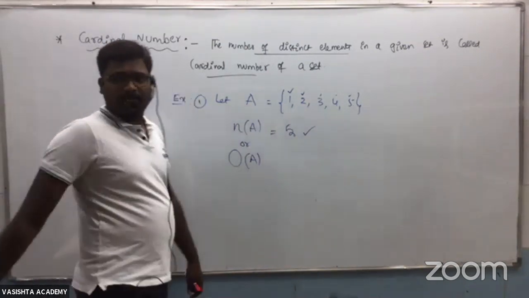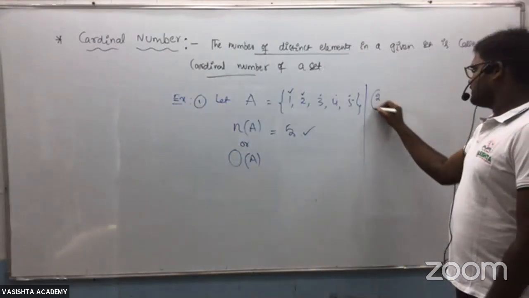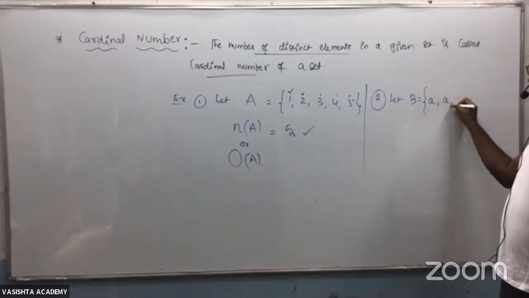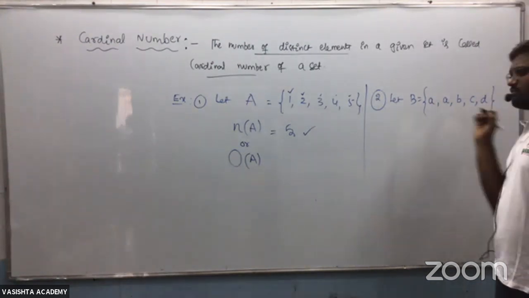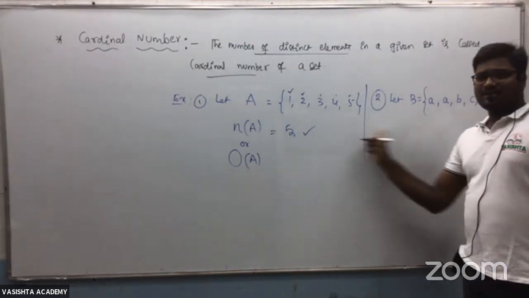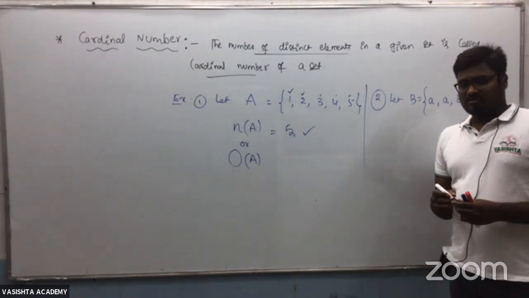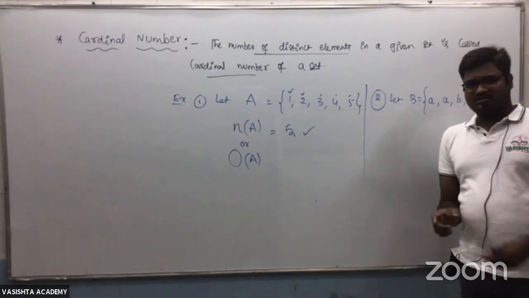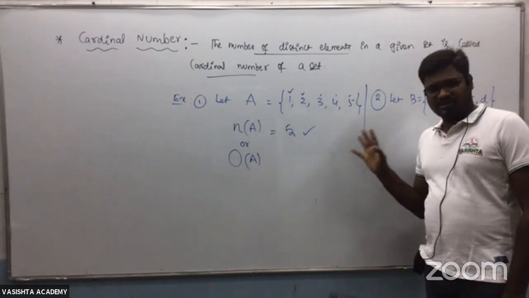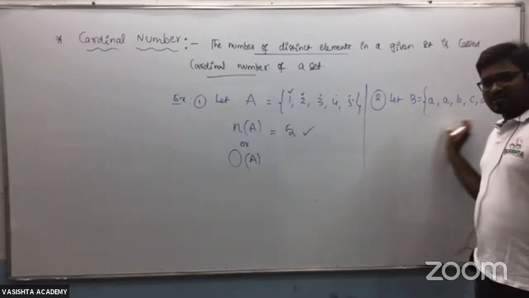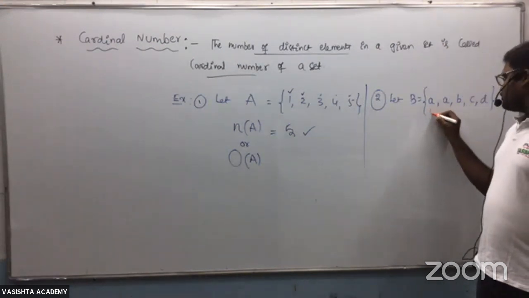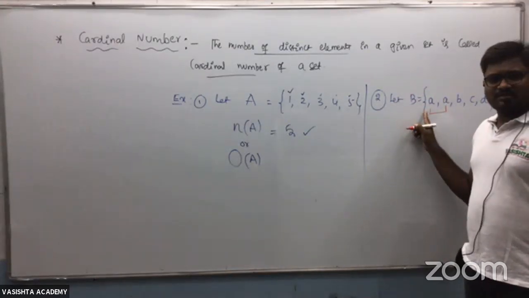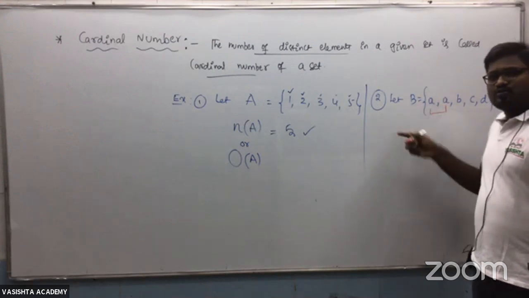This is one example. Now, let me take one more example. Let set B be A, B, C, D. What is the cardinal number of this set? 4. Actually, in sets, when you are representing the elements of a set, please remember, when a particular element is repeated more than one time, you don't have to write it twice.